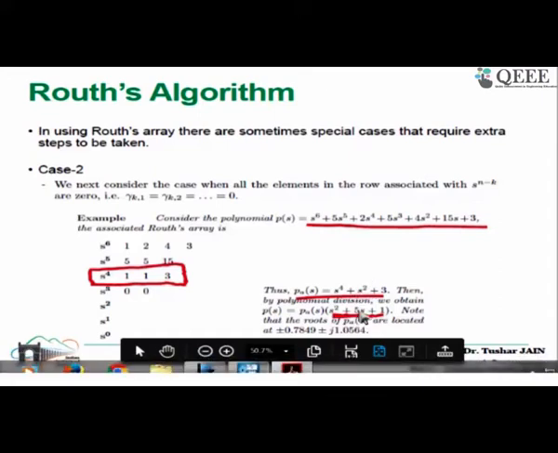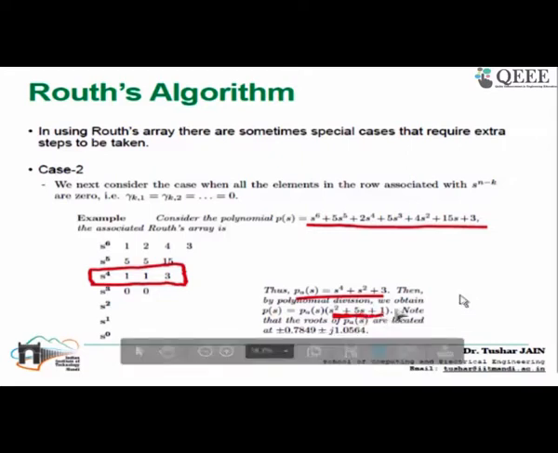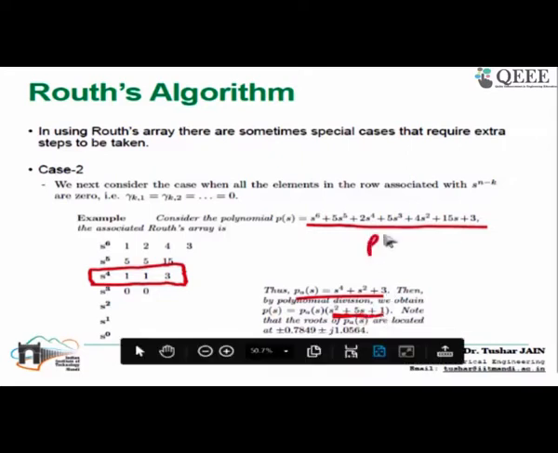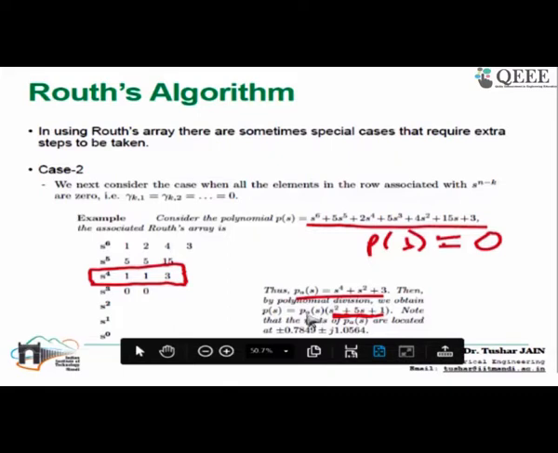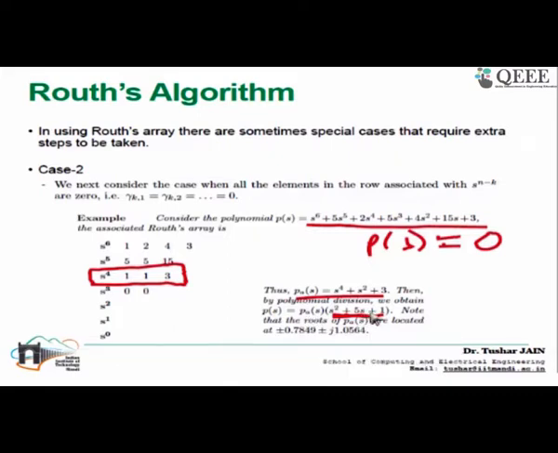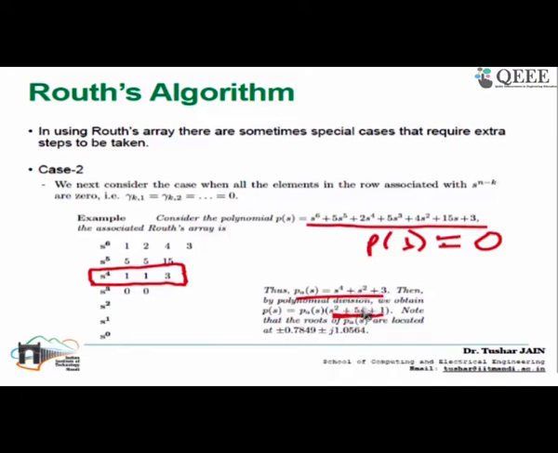You can apply the Routh array on this polynomial as well, because when you put P of S equal to 0, that is to say PA is equal to 0 or this polynomial is also equal to 0. Either of these polynomials could be 0. Then you can apply the Routh array to see further, if it is of higher order, whether there are any roots lying on the right hand side.